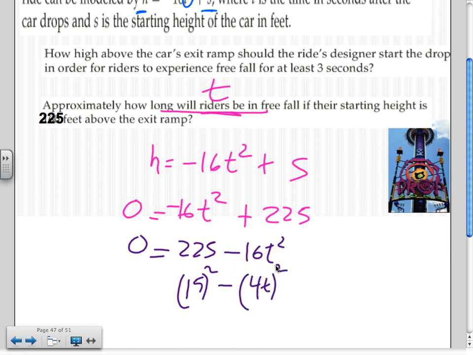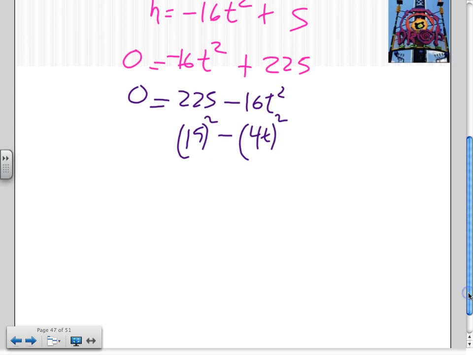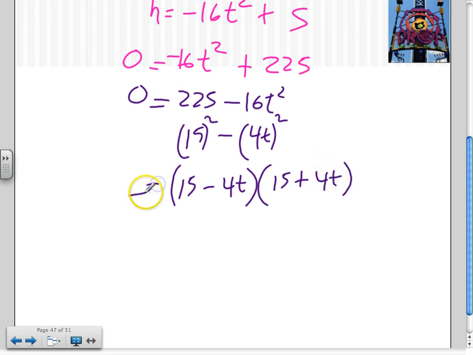So if I have that, what can I do next? How do I expand it? 15 minus 4t and 15 plus 4t. See that? And now how many cases do I have here? 2 cases.